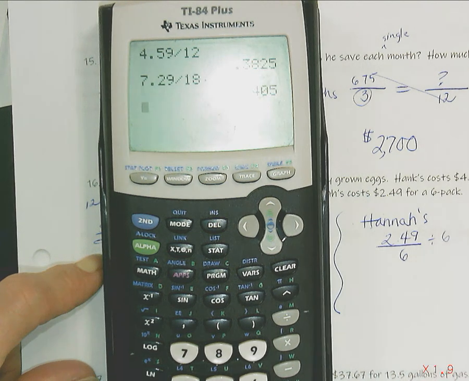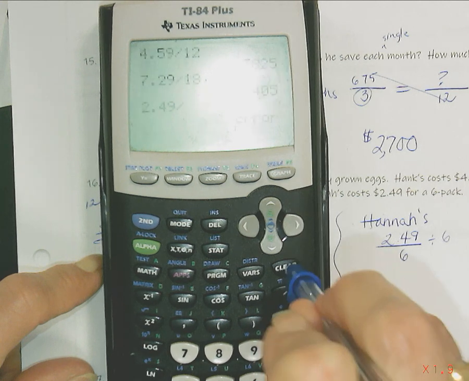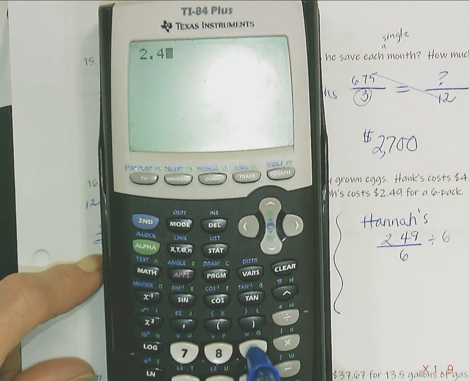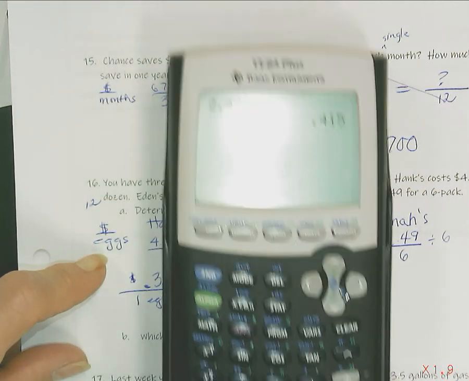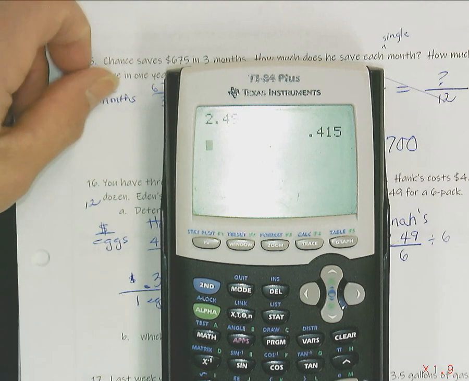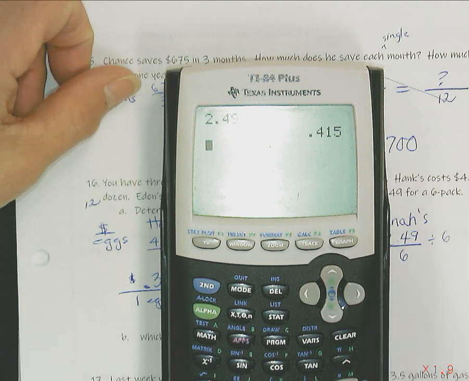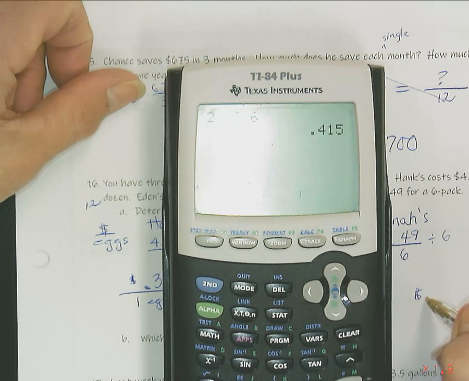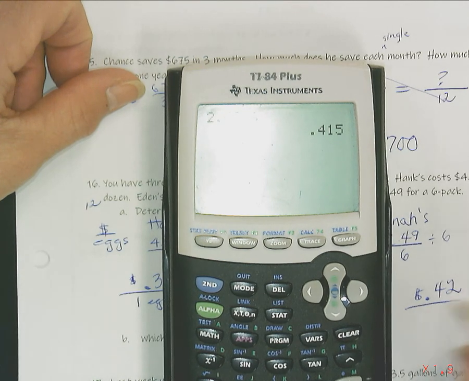Divide by 6. 2.49 divided by 6. Whoops, I punched in something wrong. Now that's what you get right there. 42. That's right. So that one is 42 cents, 0.42 for one egg.